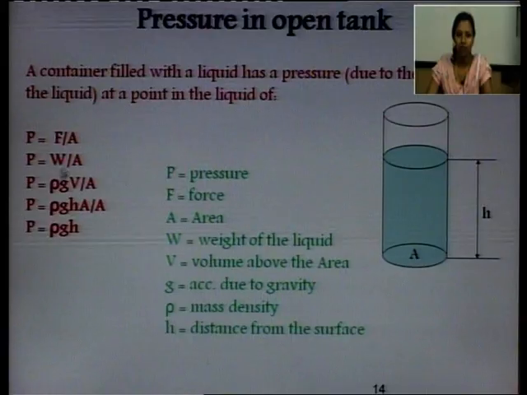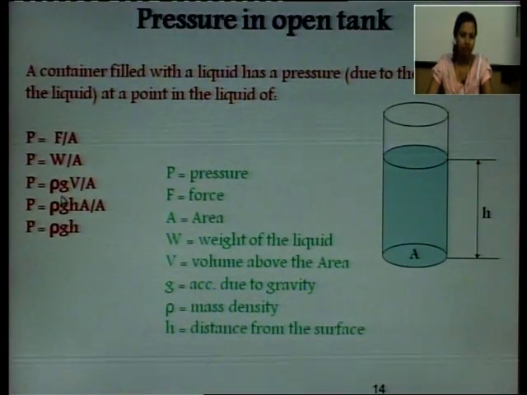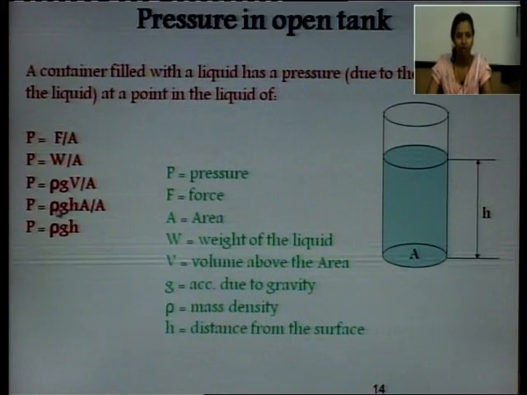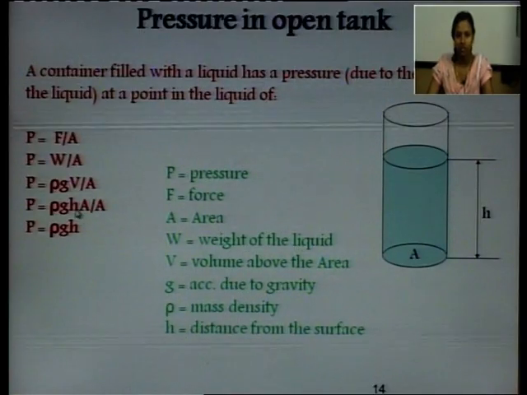We know weight is equal to rho G into V, where rho is the density of this liquid, G is acceleration due to gravity, and V is volume, A is area which is already there. So if we define this volume of the cylinder, then it is equal to height into area.